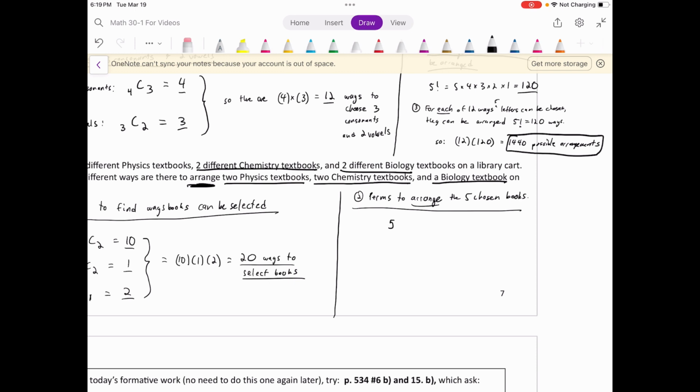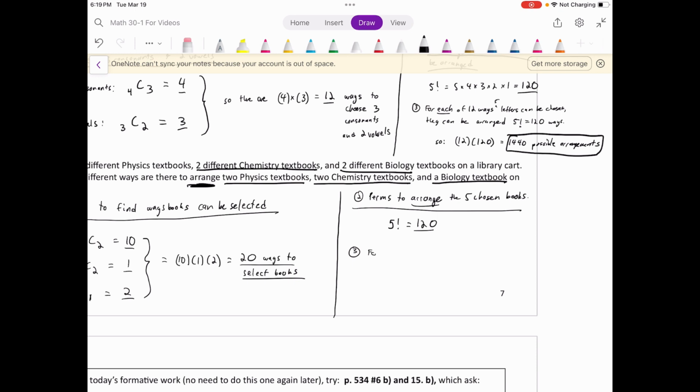So for all of the different combinations of books we can pick, we can arrange each of those in 5 factorial ways, or 120, right? So we can pick 5 books in 20 different ways following these conditions. And then for all of those 20 different ways, we can arrange those 5 books in 120 ways, right?